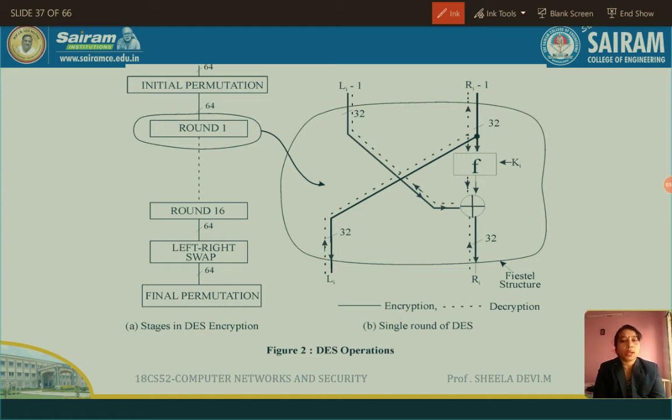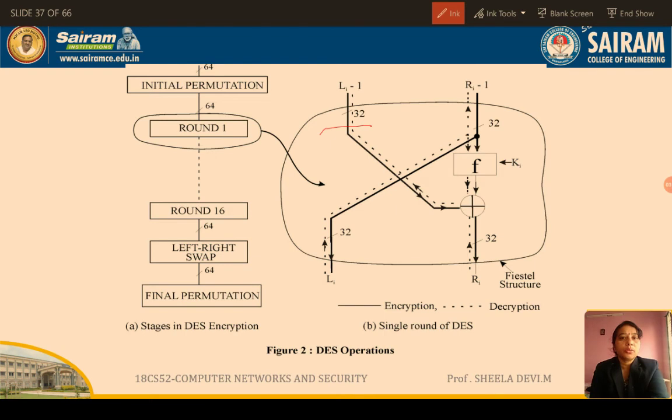One is the leftmost part and the second is the rightmost part, each of 32 bits. This leftmost 32 bits is fed into the XOR operation, and the rightmost 32-bit data is taken and fed as the leftmost bits, the input for round 2.